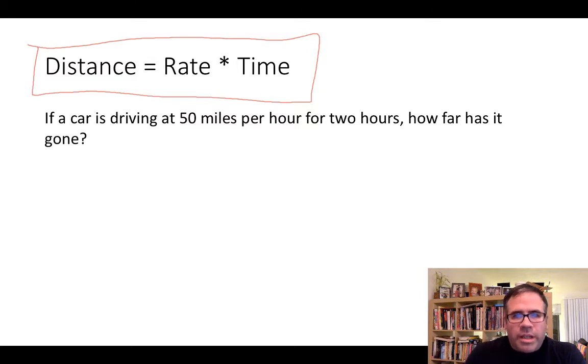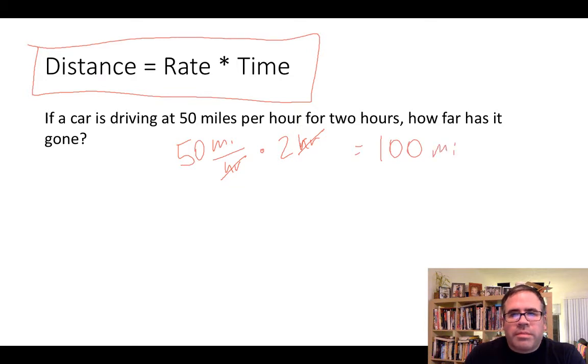So if we want how far has it gone, the distance, we take its rate, 50 miles per hour, we multiply by the time, 2 hours. Dimensional analysis convinces us that this is going to be 100 miles. Pretty easy, pretty straightforward.